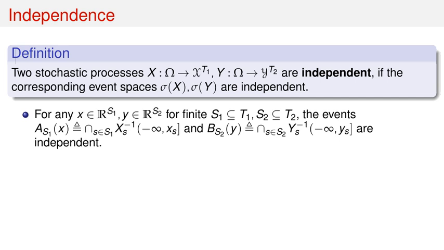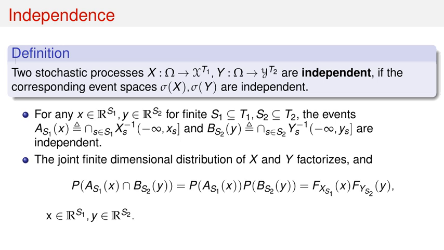As a remark, this implies that for any finite subsets S_1 of T_1 and S_2 of T_2 and any x in R to the S_1 and y in R to the S_2, the events A_S1 of x, defined as the intersection over s in S_1 of X_s inverse of the half open set (-infinity, x_s], and B_S2 of y, defined as the intersection over s in S_2 of Y_s inverse of the half open set (-infinity, y_s], are independent.